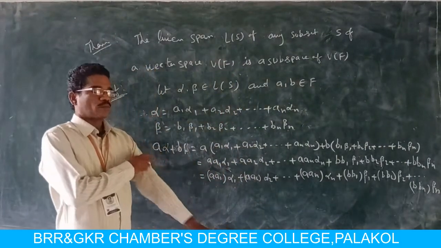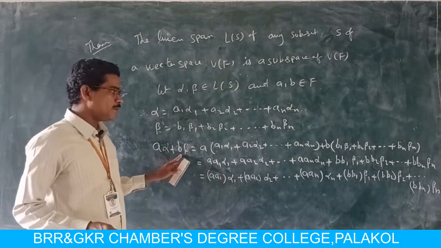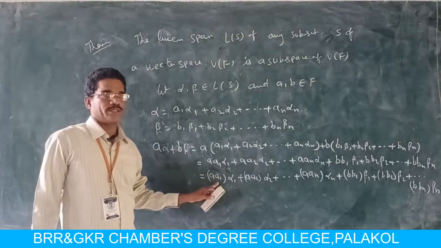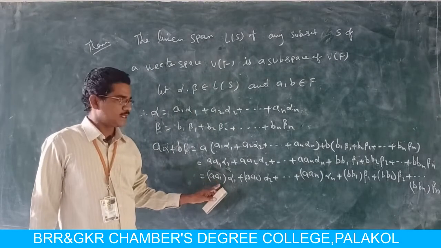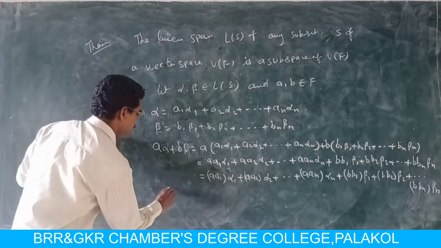Here a alpha plus b beta is a linear combination of the finite set.